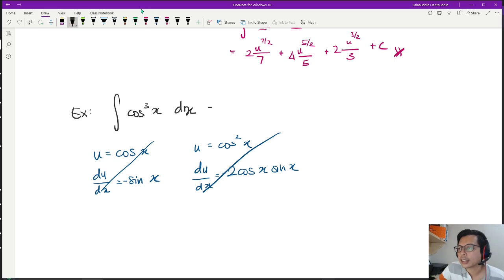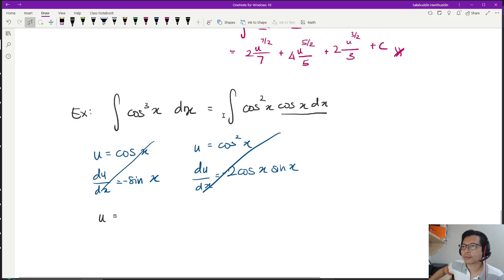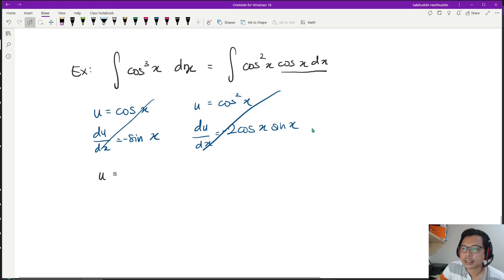You can see this as cosine squared x times cosine x dx. Basically cosine cubed x is cosine x times cosine x times cosine x. So I want to look at this cosine x dx here. So maybe I need to make u as sine x. Maybe this will work.